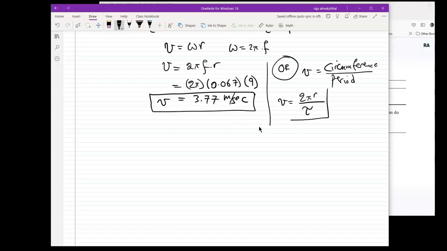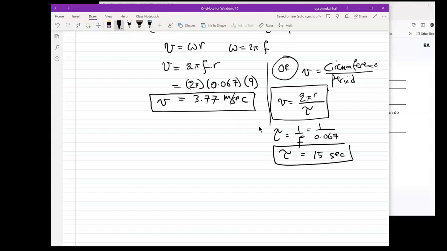Remember that? We talked about it. So we can do this one as well, and hopefully we'll get the same answer. What is tau? Tau is the reciprocal of the frequency, so that's 1 over 0.067, which is about 15. So that's 15 seconds.